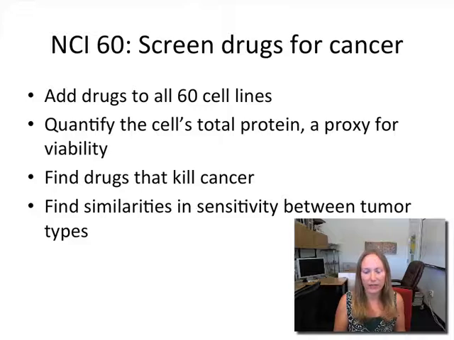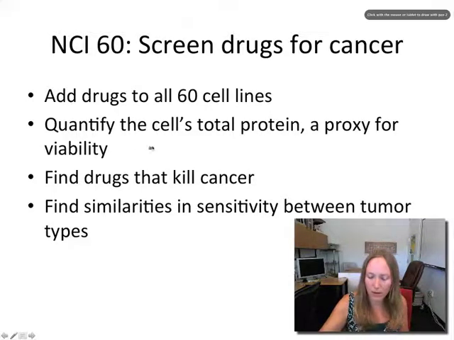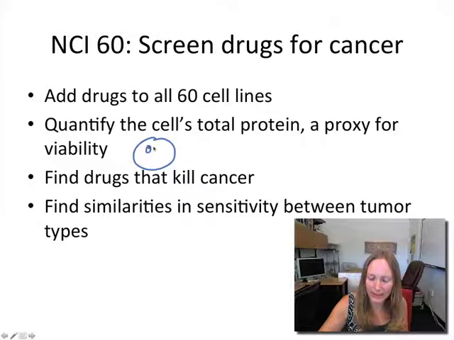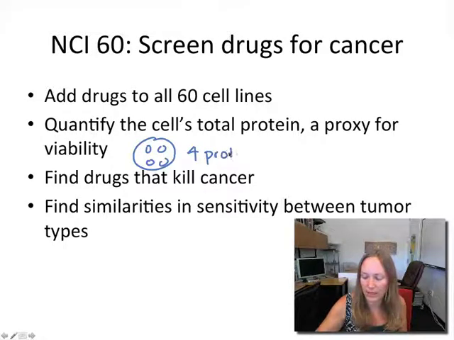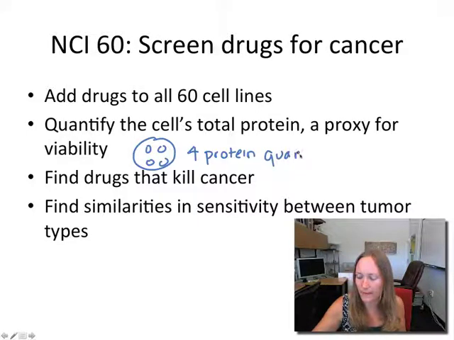So a plate that has 4 happy cells will make some quantity for proteins. Protein quantity, I'm making this up right now. Protein quantity is not a thing. Don't memorize it.